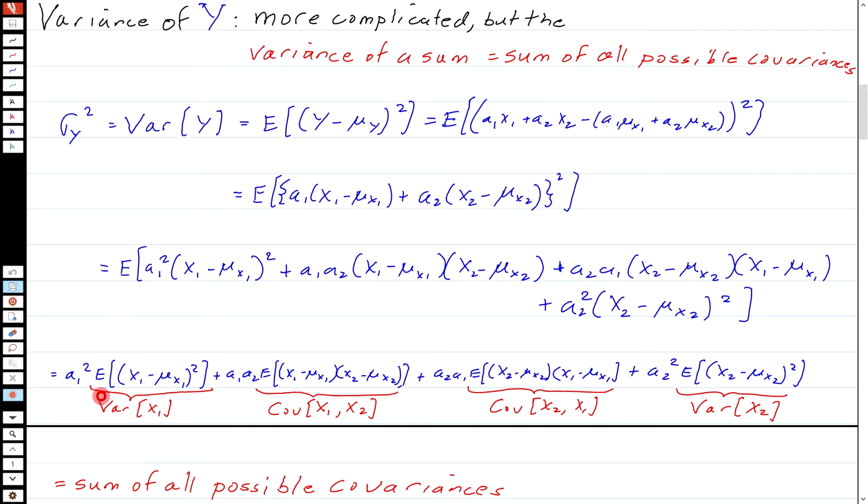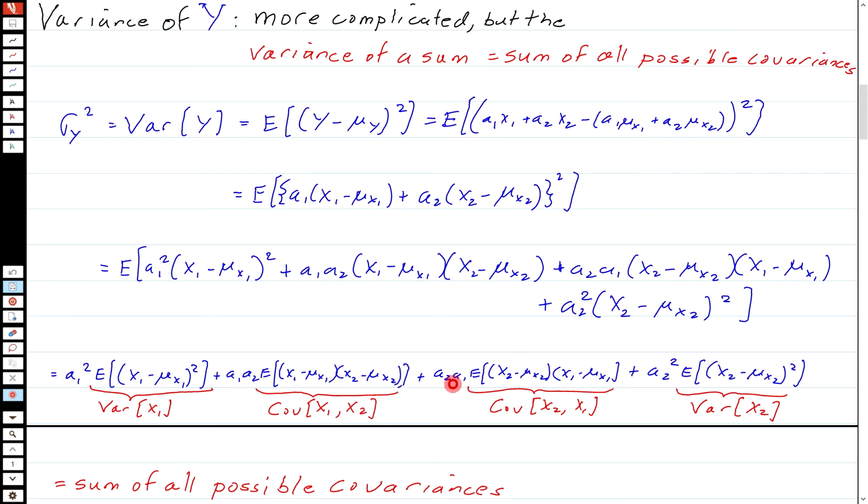So I get a1 squared times the expected value of x1 minus mu x1 squared. And we know that this term here is just the variance of x1. And then I get a1 a2 times the expected value of x1 minus mu x1 times x2 minus mu x2. And this term is just the covariance between x1 and x2.